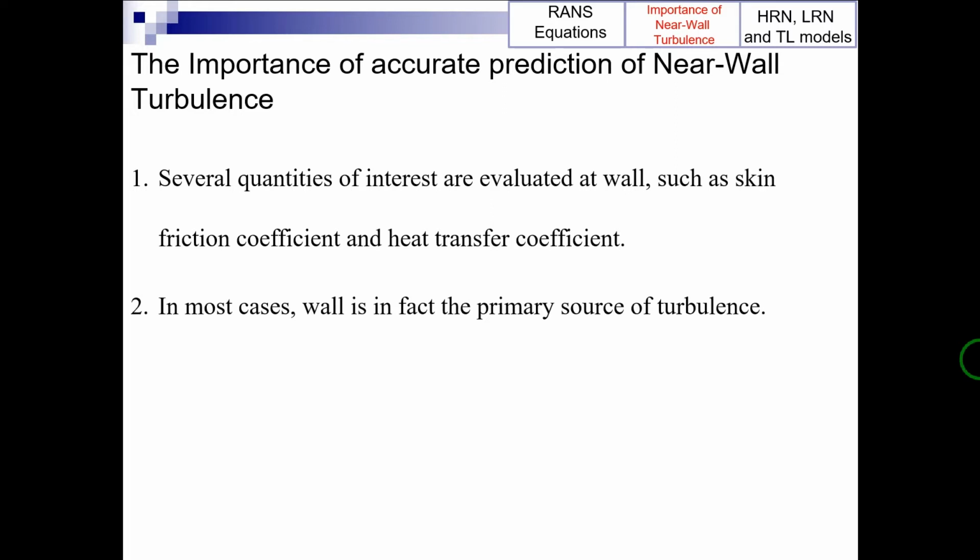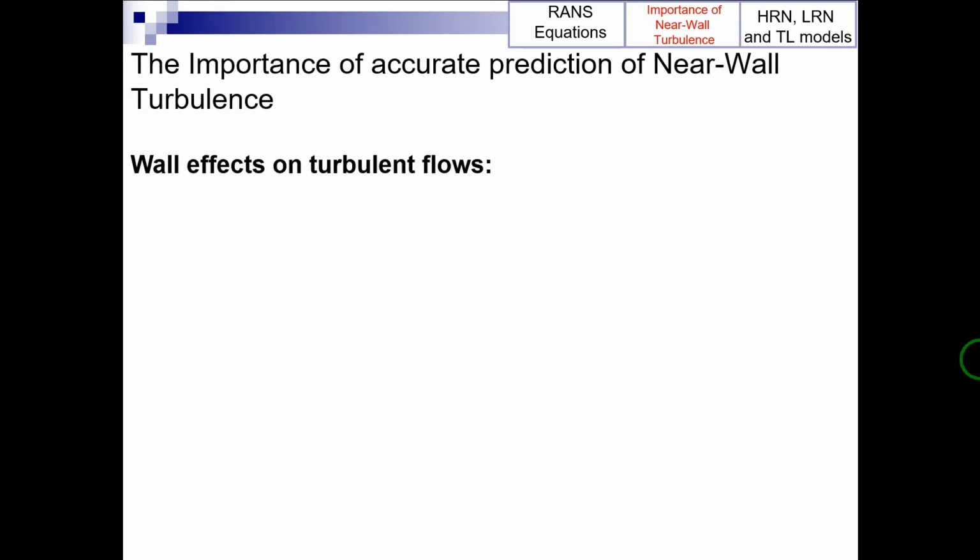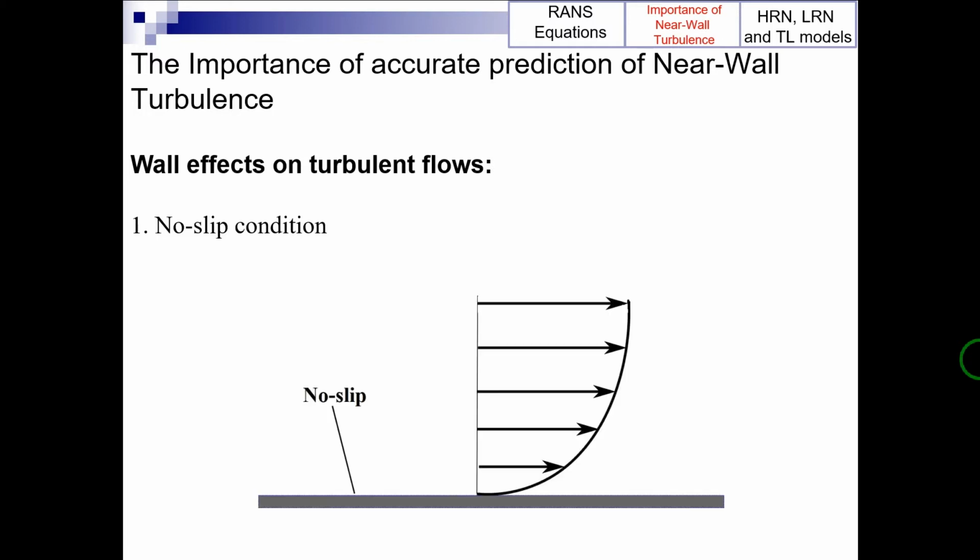Okay, wall in fact has several important effects on turbulent flows, which can be summarized as follows. First, no slip condition results in strong gradients on mean velocity components since it imposes zero velocity value at the surface.